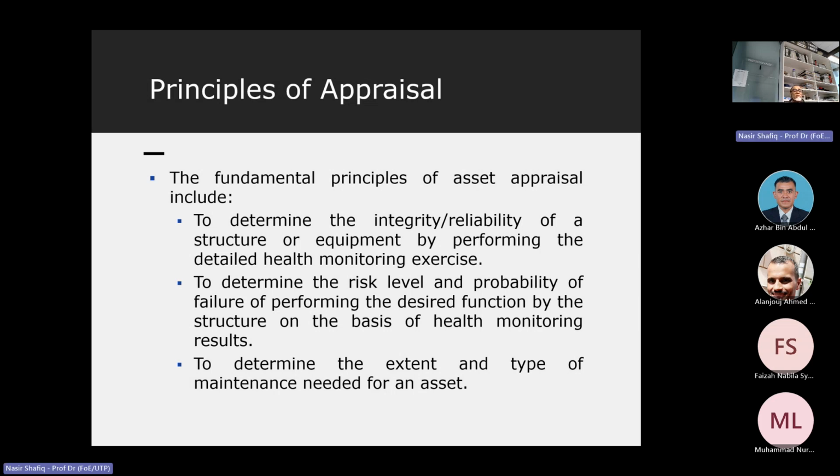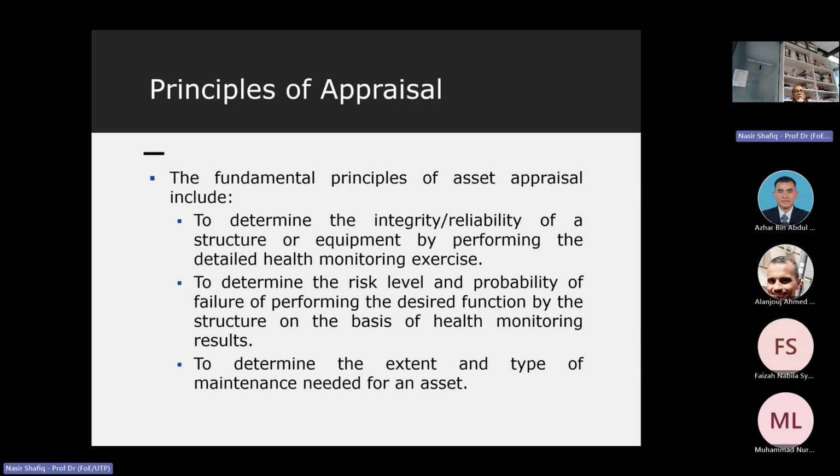So the fundamental principle of asset appraisal includes determining the integrity and reliability of a structure or equipment by performing a detailed health monitoring exercise. Health monitoring involves testing, getting data, data analysis, data evaluation, and result conclusion, right?